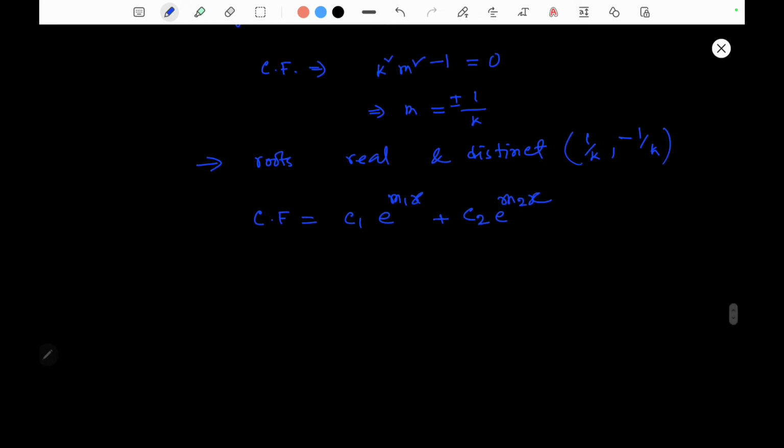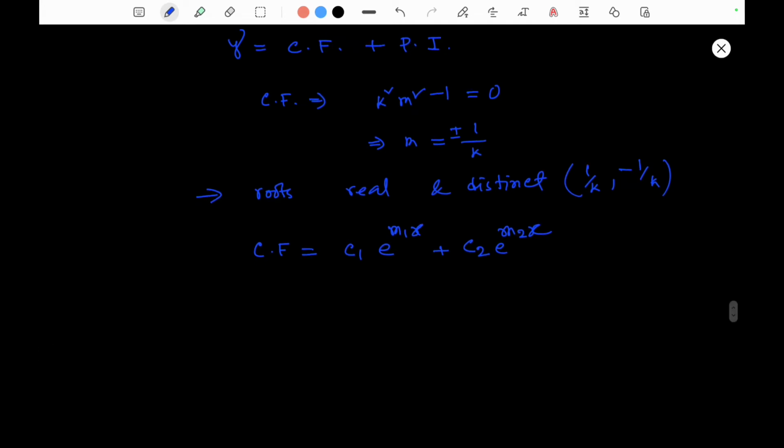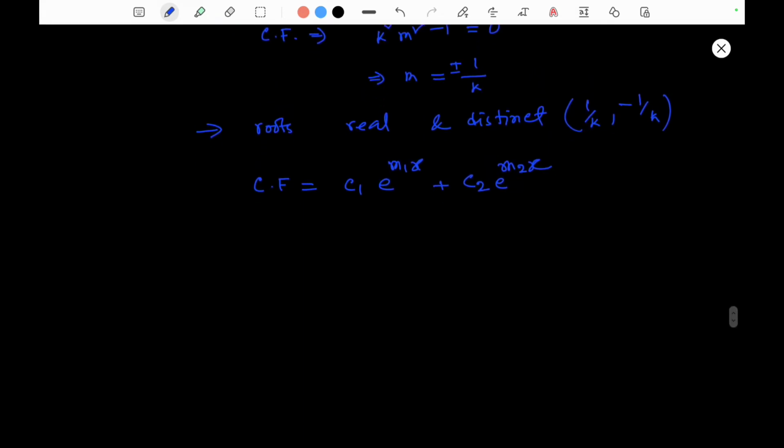These are the formulas of the complementary function. If we get roots real and distinct, then the formula will be like this. There are some other formulas for which we can create a separate video. Please visit that also. Now let's proceed.